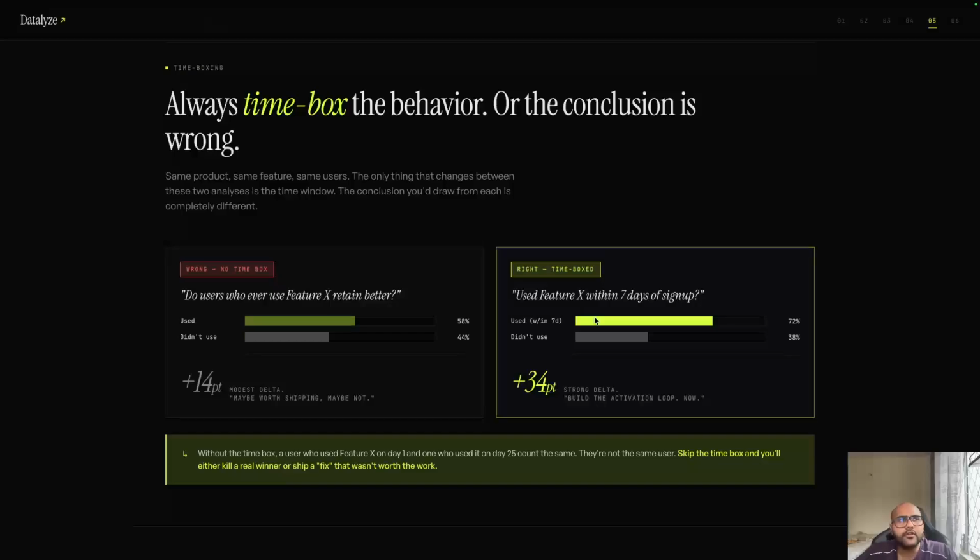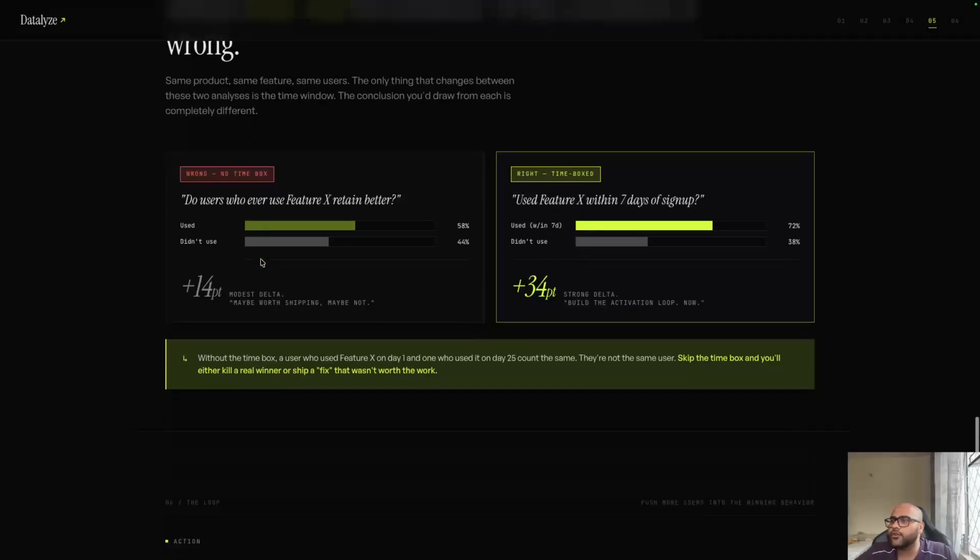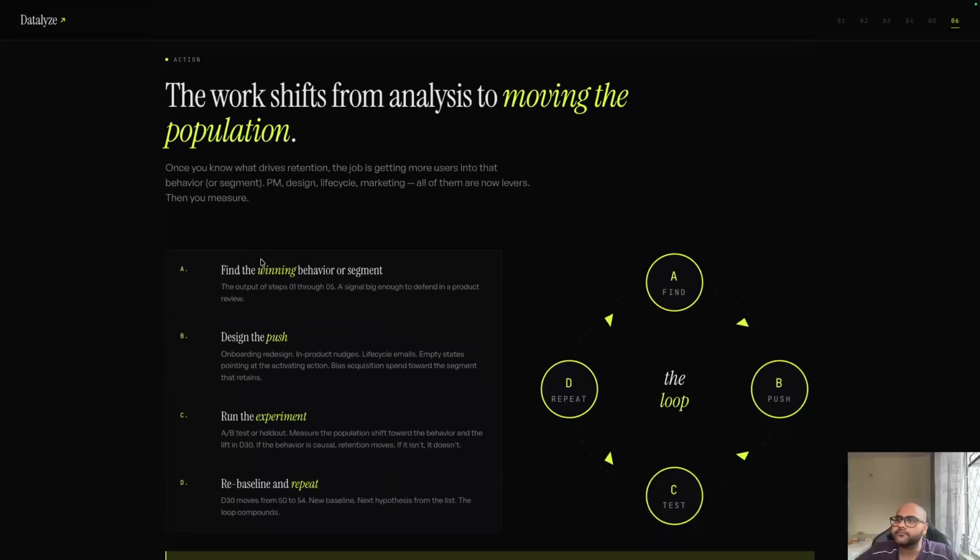And the reason for this is also that a user that's using that feature within, let's say, the first week or within the first day of sign up is behaviorally very, very different from someone that uses it on the 25th day. And if you don't time box it, you're saying that both of those users are the same. But if you time box it, you can very easily differentiate both of those users. And so it's very important to time box it. If you don't, you're going to struggle, right?